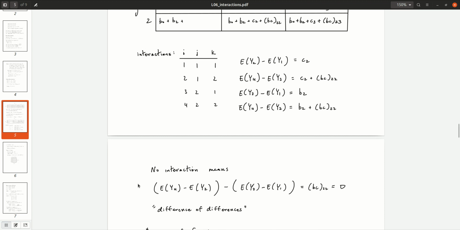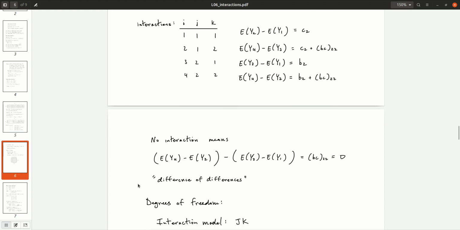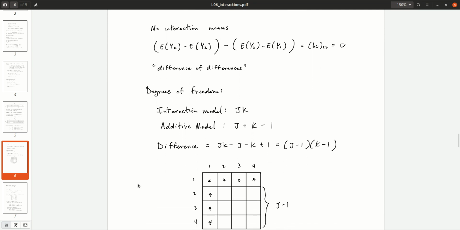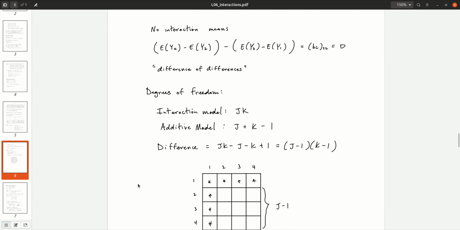So this is why when we talk about interactions in two-factor models, we're talking about differences of differences. And then we won't cover this, but when you have 3 factors and you look at 3-factor interactions, you're going to be talking about differences of differences of differences.